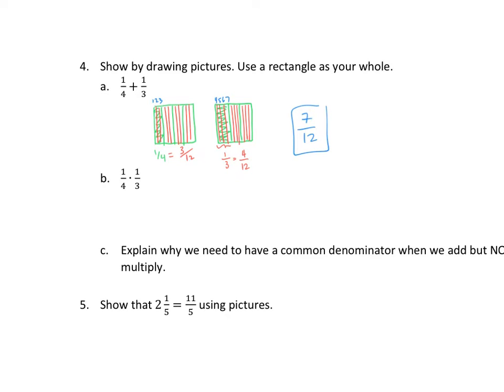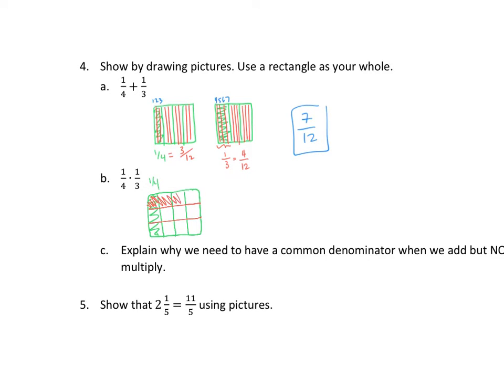Now to draw a picture with multiplication, I really only need one rectangle here. And I'm going to break it up so I can look at the 4ths. So 1/4 is here, and I want to take 1/3 of that. So I'm going to go the other direction, break that up into 3 slices, and I only want 1/3 really.